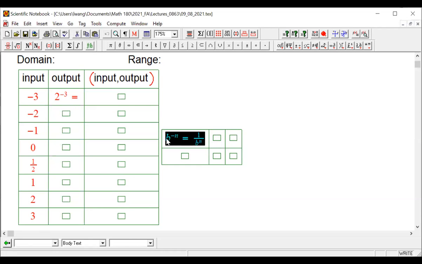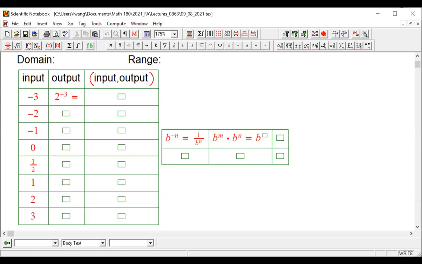Remember seeing something like this before? b to the power of m multiplied by b to the power of n is equal to b to the power of mn, right? b to the power of what? mn. Like this. Does everybody agree with it?